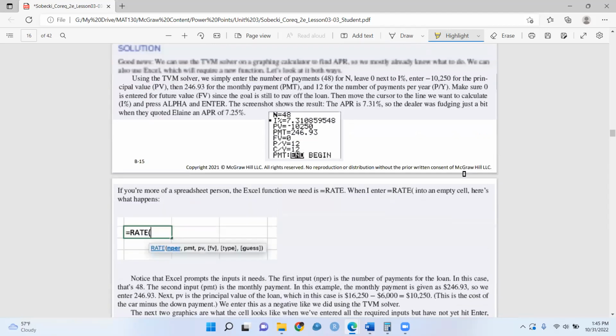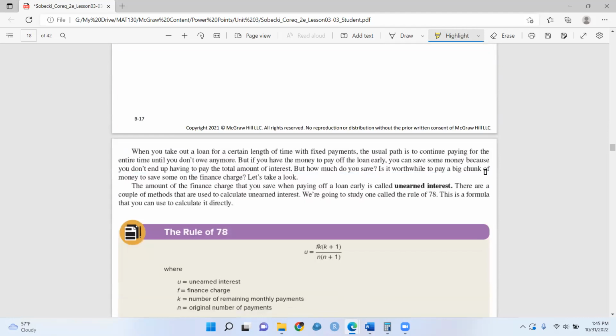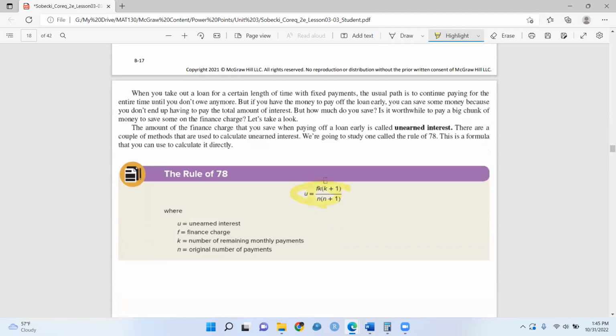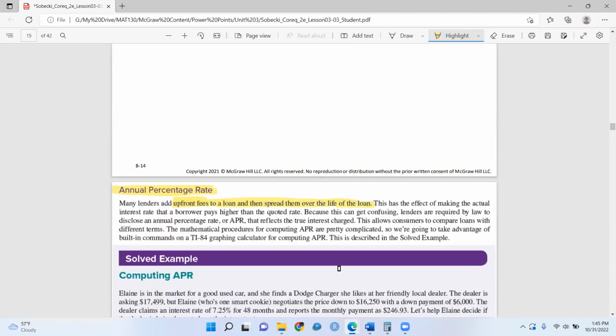Now, our author says that the calculation of these is pretty crazy. Let's see, what does he do here? Lenders are required by law to disclose an APR. So that's a thing to know, the true interest you're being charged.